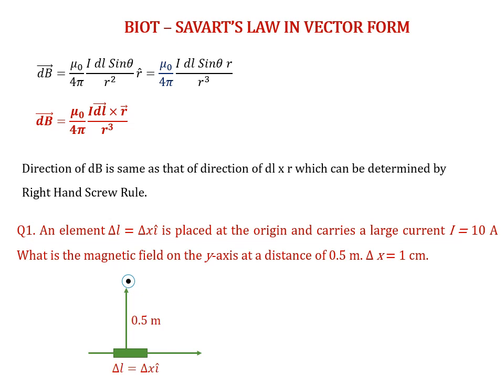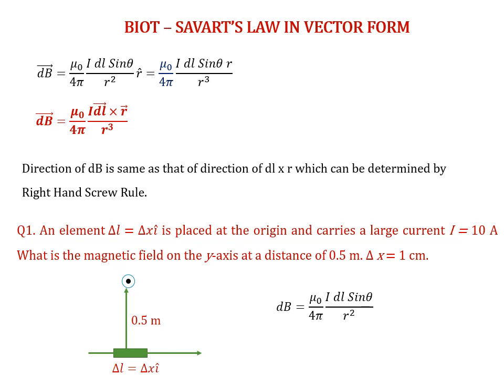Now, magnetic field is mu naught upon 4 pi I dl sine theta upon r square. Here mu naught upon 4 pi is given by 10 raised to minus 7. Current is 10 amperes. dl is equals to 0.01 meter. We will convert 1 centimeter into meter. Theta is 90 degree.